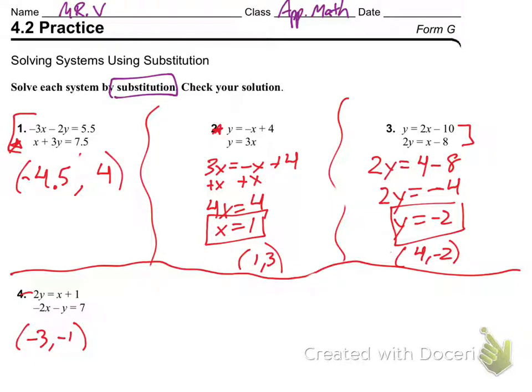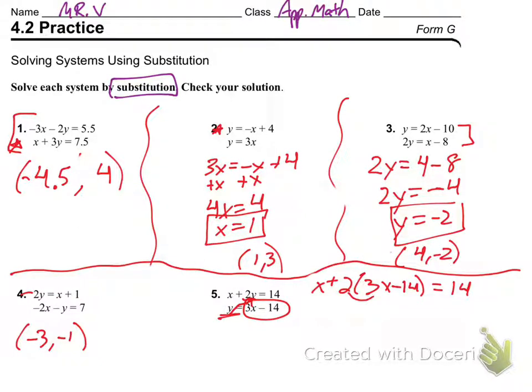All right, let's go on to number 5. Last one here. It already has one of the variables all by itself, so I'm just going to take that and plug it in right there. So I'm still going to keep my x, and then it's going to be plus. Then I'm going to keep the 2, and then for the y, plug in 3x minus 14, is equal to 14.